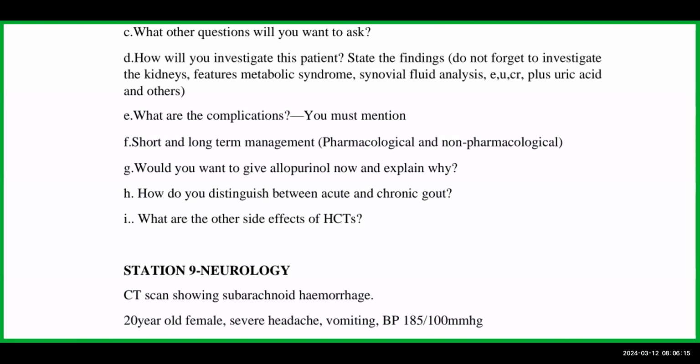Then in chronic gout, usually they may come with deformities. Tophi is also a sign of chronicity because most times it's over 5 to 10 years before you have the profile. It also depends on how high the uric acid levels are. So these are the ones I can remember for the differences.